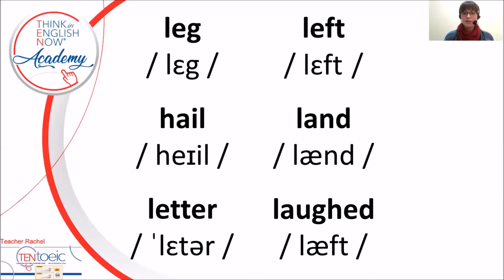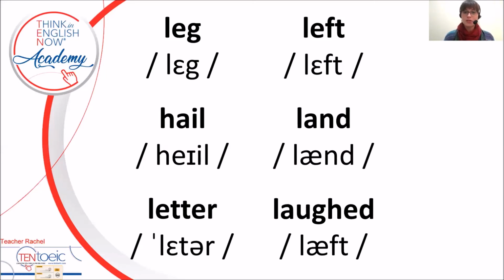Hail. This is what happens when it rains and there are big pieces of ice that come down. Hail. So it's like rain, but it's balls of ice. Land. This is the opposite of water. Water is on the earth.